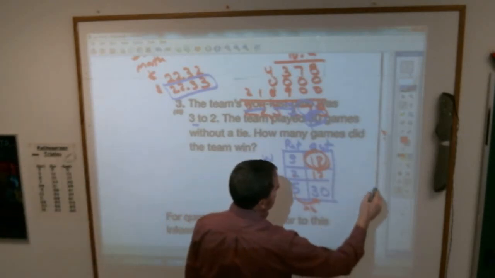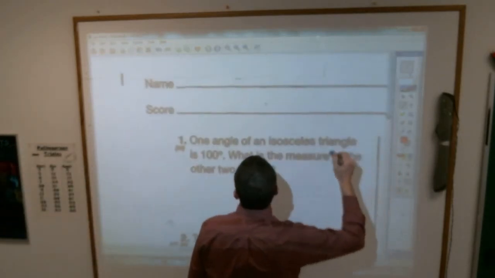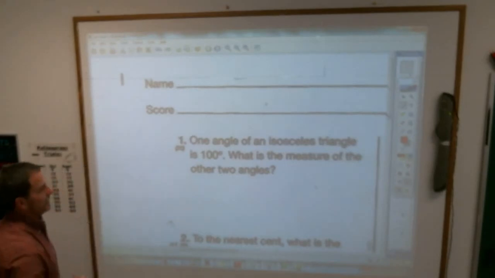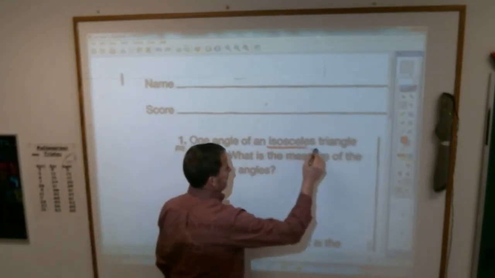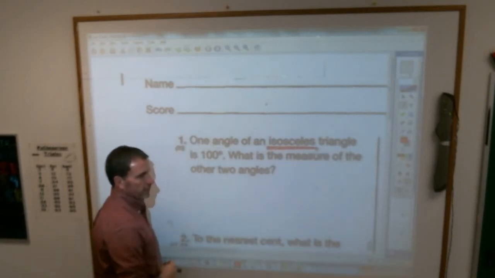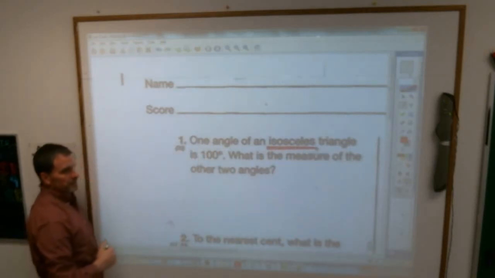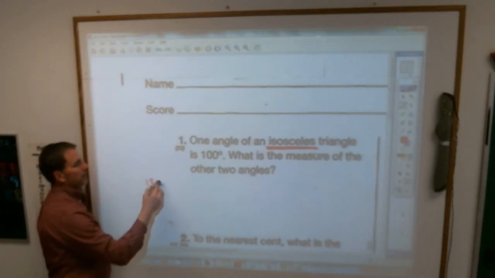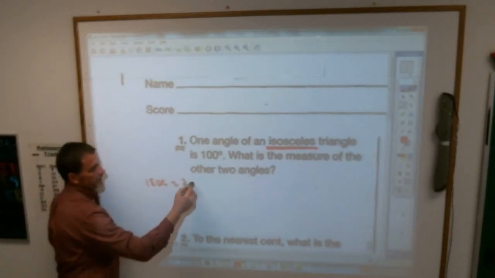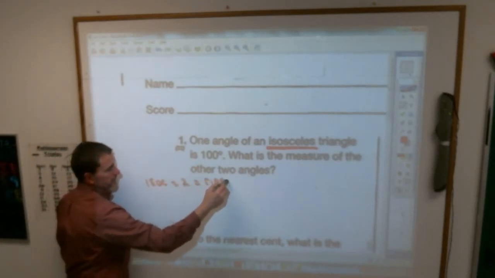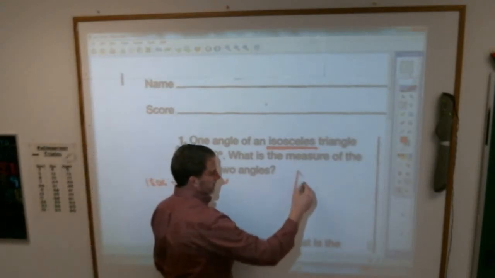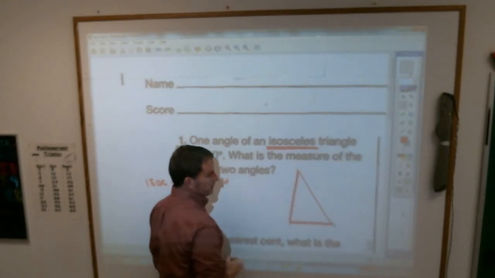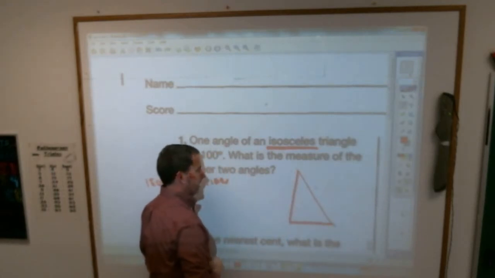Number 1. One angle of an isosceles triangle is 100 degrees. What is the measure of the other two? Well, this is the key word here, Cameron Colquitt. What does isosceles mean? All right, isosceles means 2 equal sides. So when you sketch this, well, that actually can't be it.